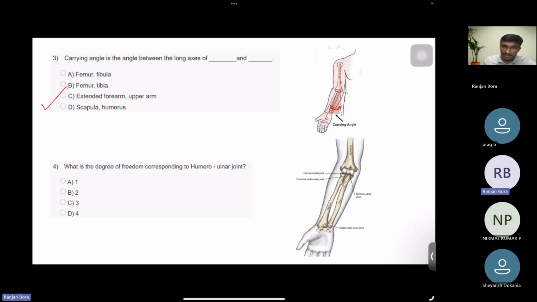One is the radius and one is the ulna. This humeroulnar joint allows only flexion extension. But the radioulnar joint allows both flexion extension and then pronation and supination. So with respect to this humeroulnar joint, there is only 1 degree of freedom. So that's why option A is correct.